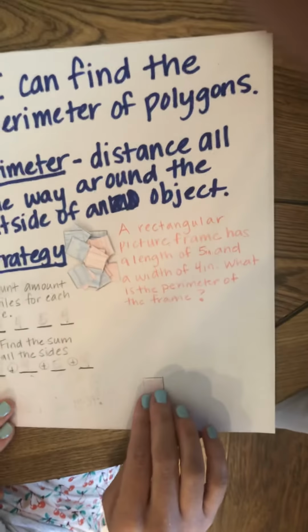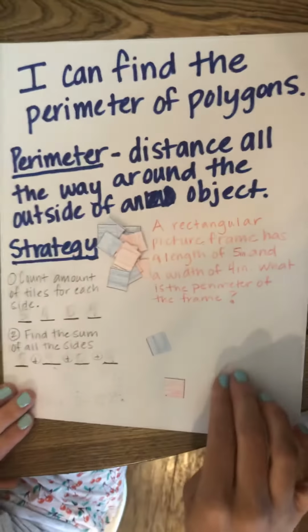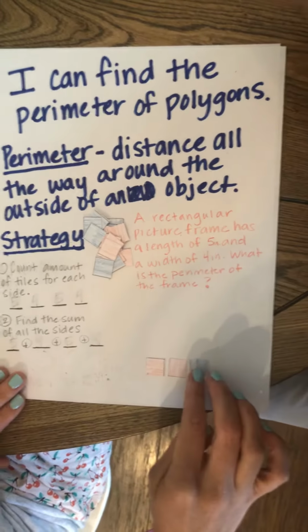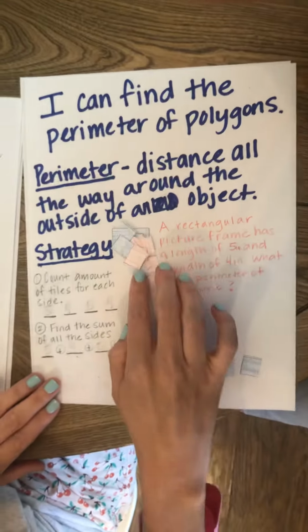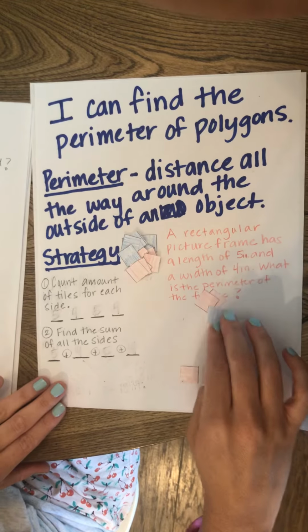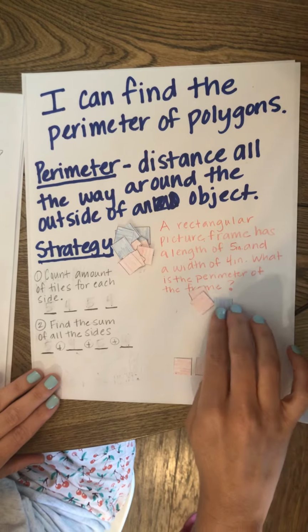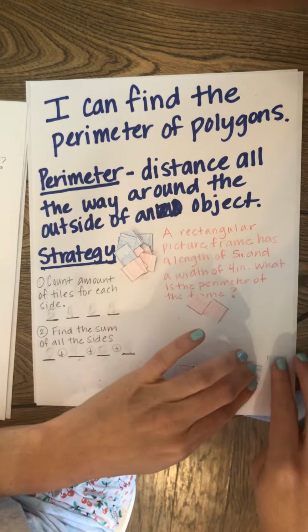If it has a length of 5, then I know I need 5 columns: 1, 2, 3, 4, and 5. If it has a width of 4, then I know that I'm going to need 4 rows. Well, I've already got 1, 2, 3, and 4.